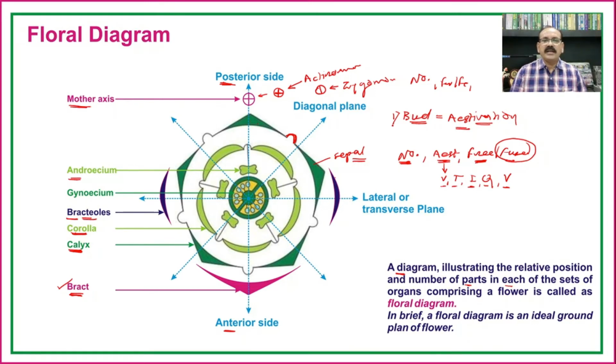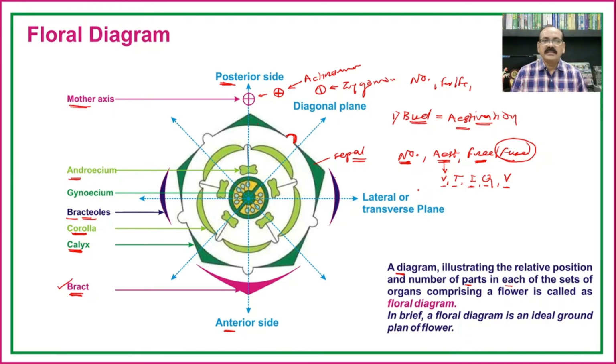In addition to that, in some flowers there is the presence of stamens with unequal length of the filament. Again, we have to draw that length of the filament according to the distance from the periphery. In addition, the anthers are either monothecous or dithecous, and the same condition we have to draw in the floral diagram.